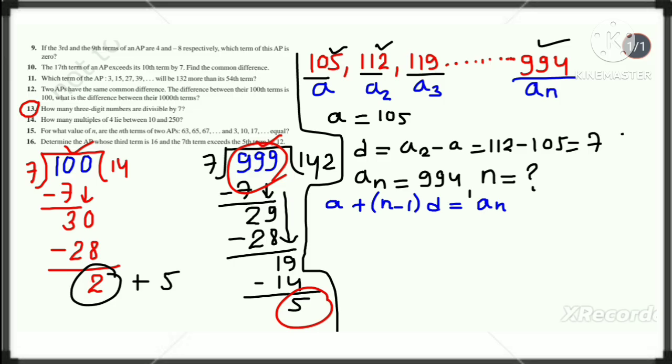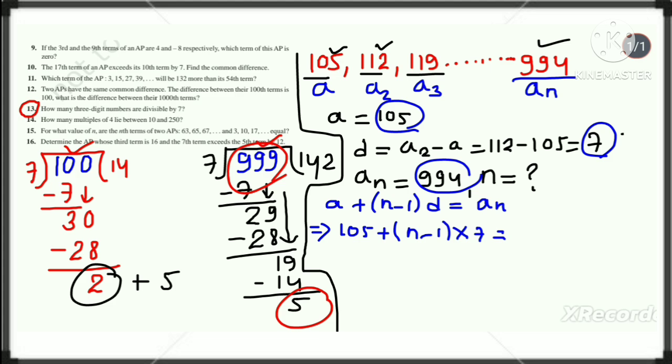And here a equals 105 plus n minus 1 into d, which we have obtained as 7, equals an, which is 994.